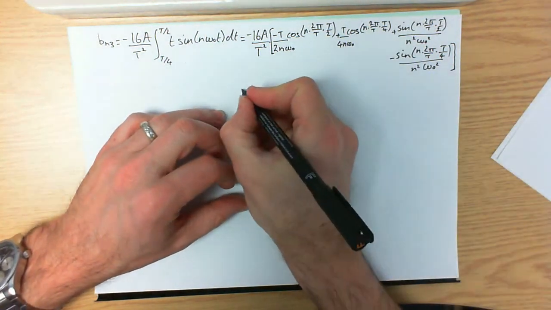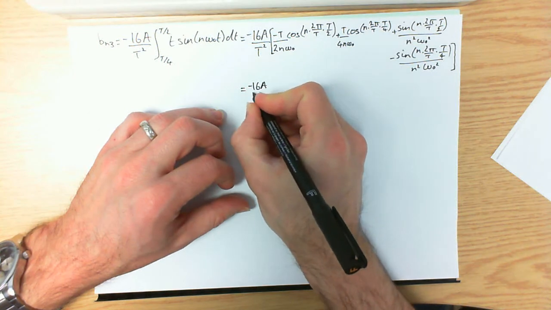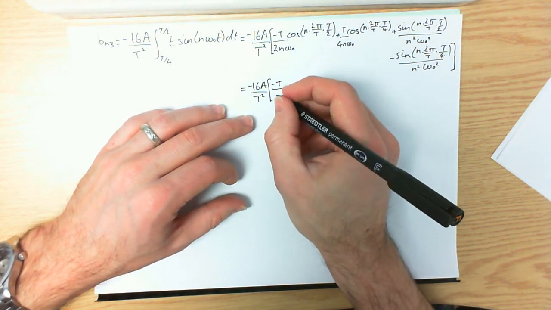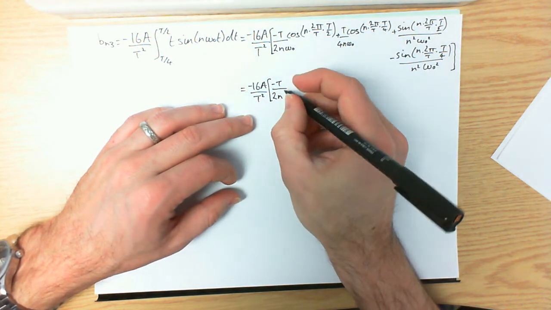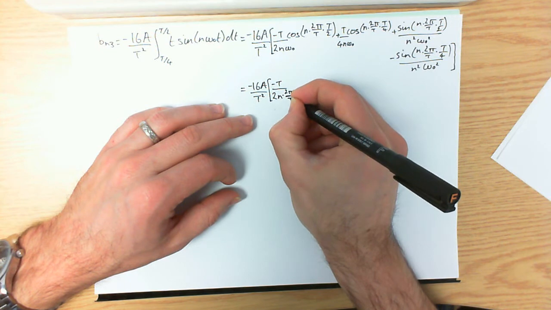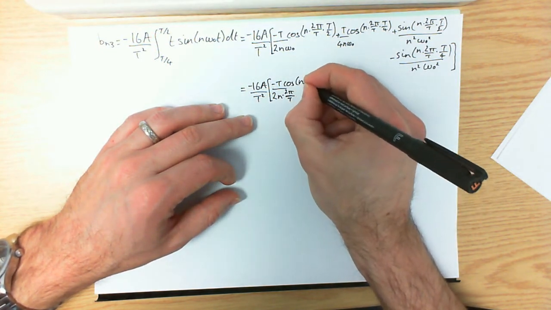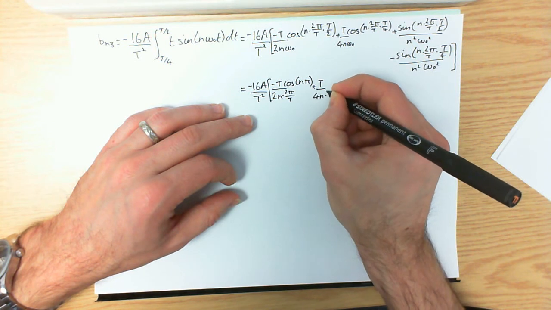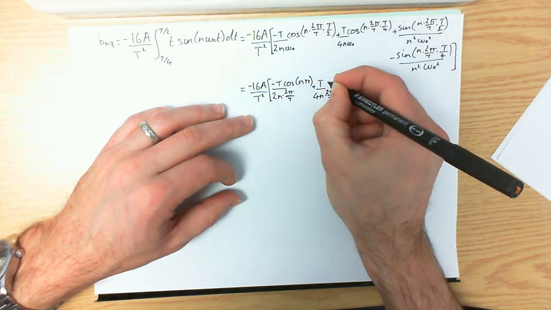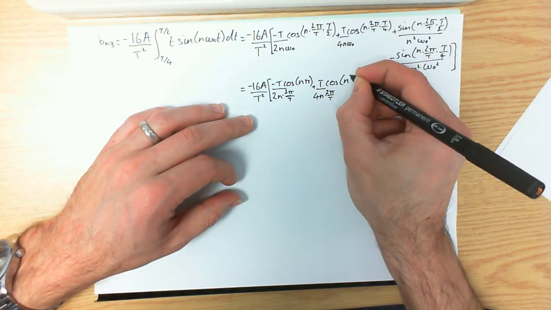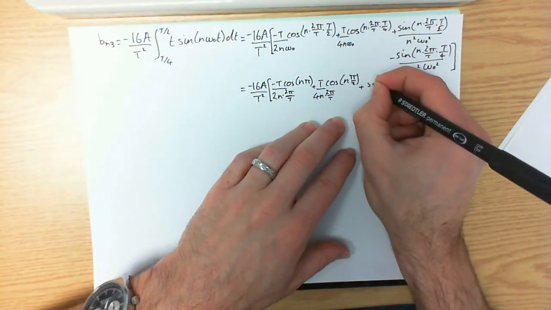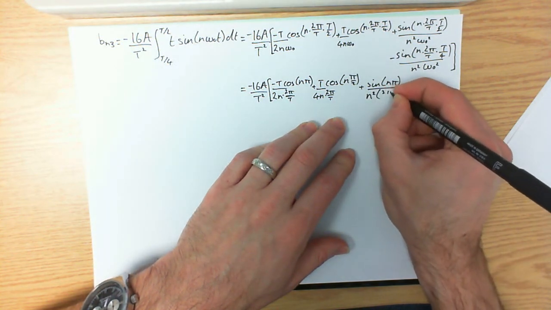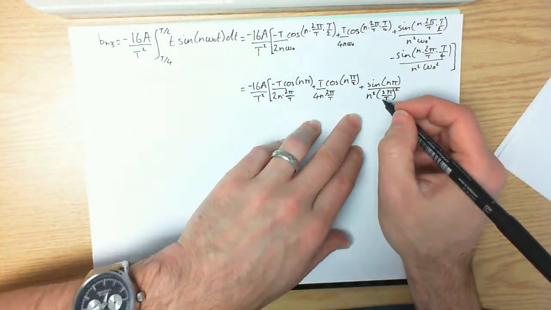So what we can start to do is start to cancel things out. So we've got minus 16a over T squared into minus T over 2n times 2 pi over T cos of n pi, plus T over 4n times 2 pi over T times cos of n pi by 2, plus sine of n pi over n squared times 2 pi over T all squared.